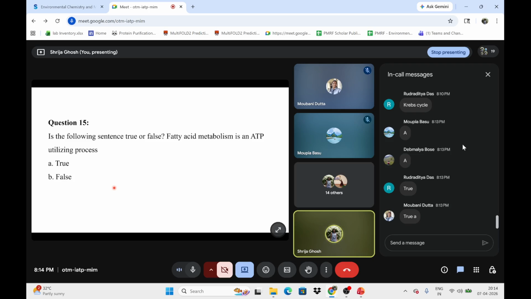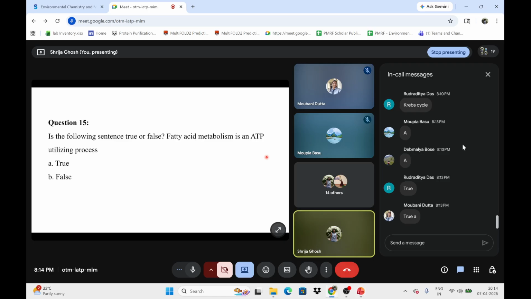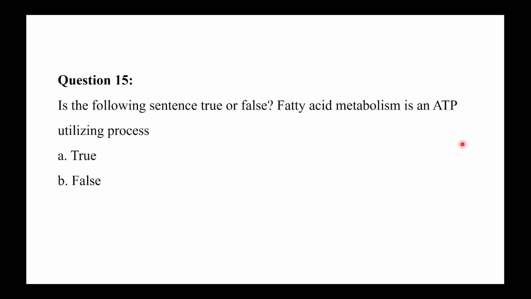You just saw the beta oxidation part. All of you are saying true, that it's an ATP utilizing process. It's actually false. It's an ATP generating process.